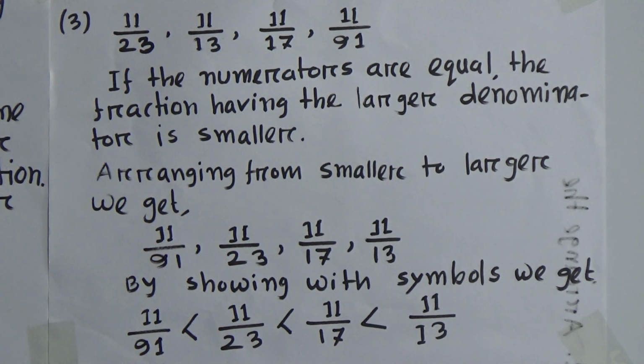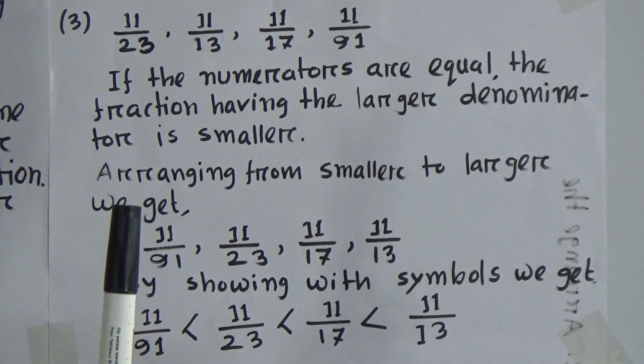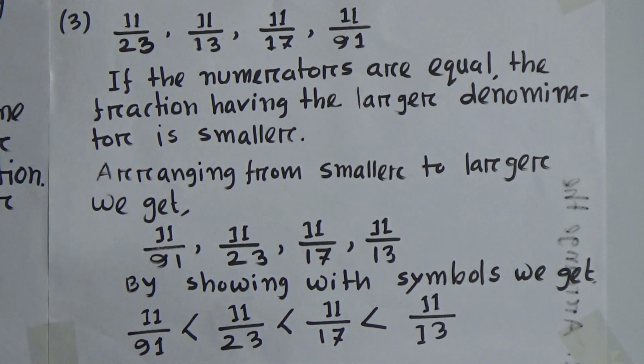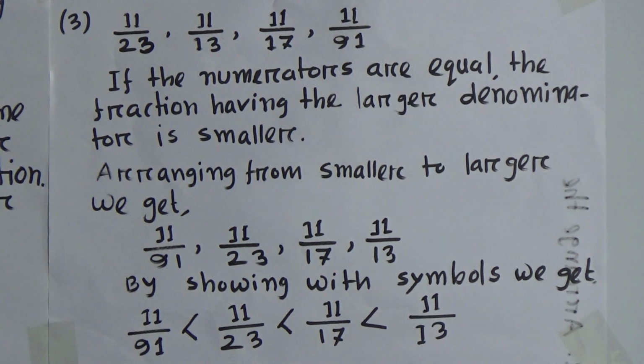In this case, if the numerators are the same but the denominators are different, whose denominator is larger, that is the smaller one.